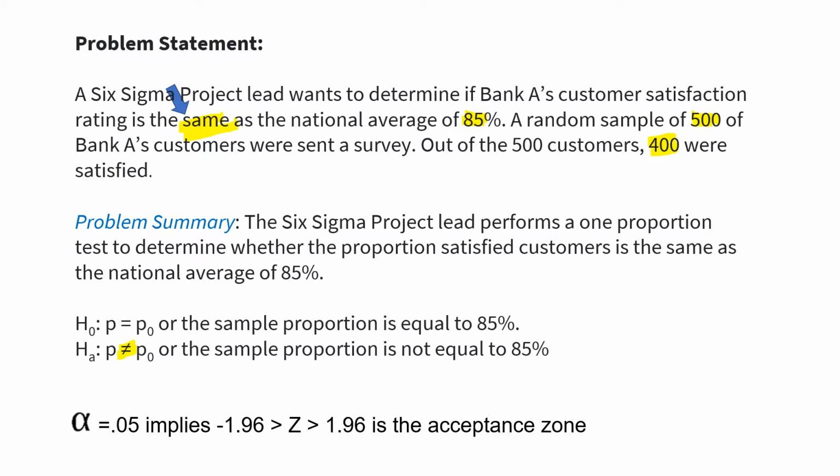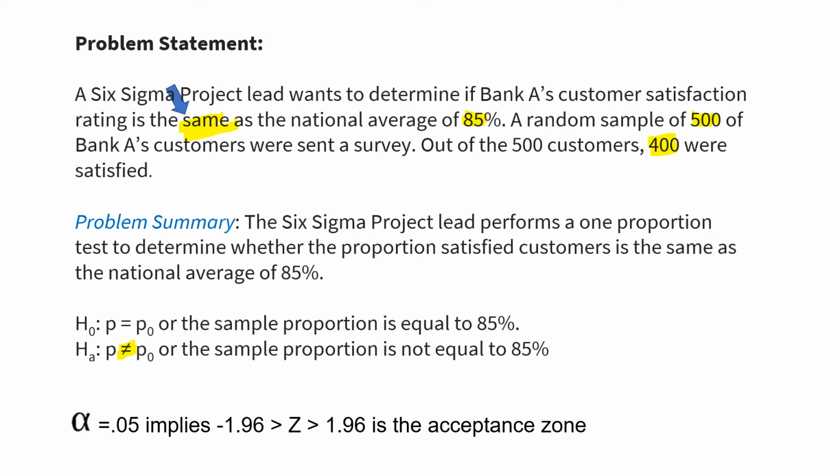It would have been P greater than P0 or P less than P0, right? But the fact that we have put it as same means the alternative hypothesis is not equal to, which means this could be either greater than or less than, which means we are going for a two-tailed Z test.